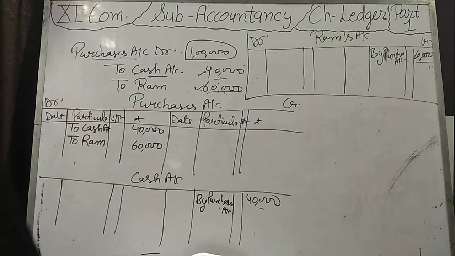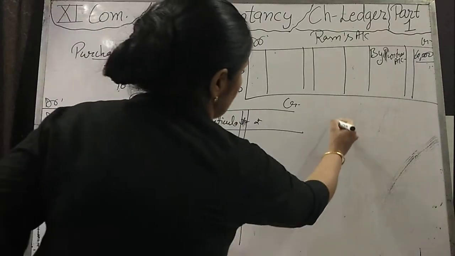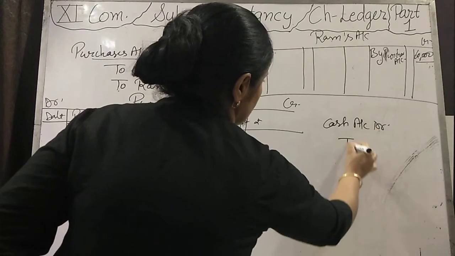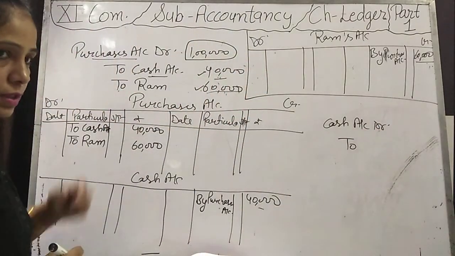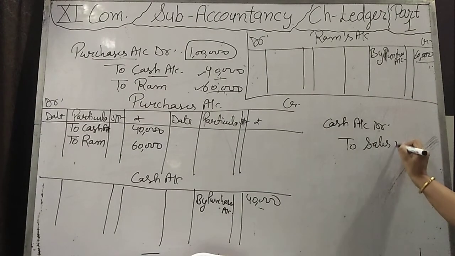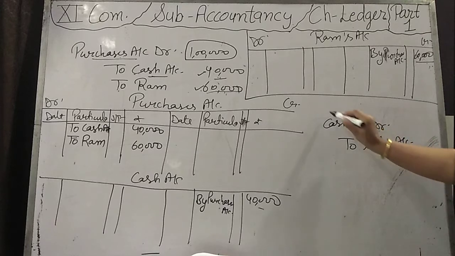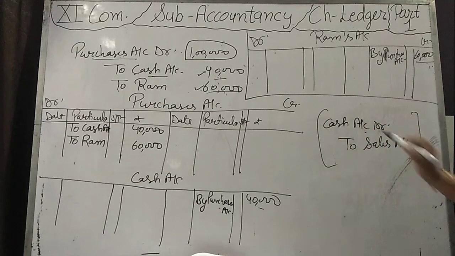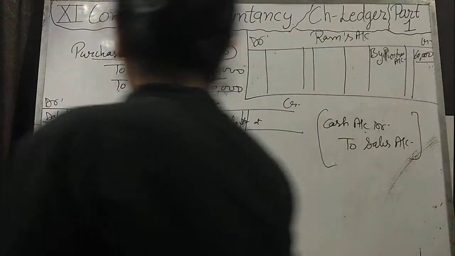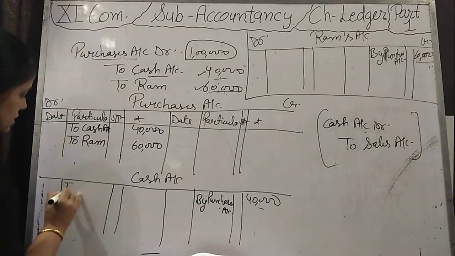So after that, if one more entry I will say that cash account debit to sales account. This is a journal entry. How will we post this? Cash account is debit. So on debit side of cash account we will write to sales account.